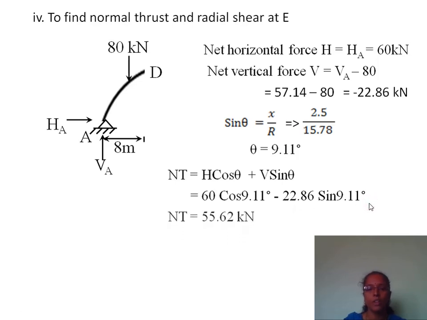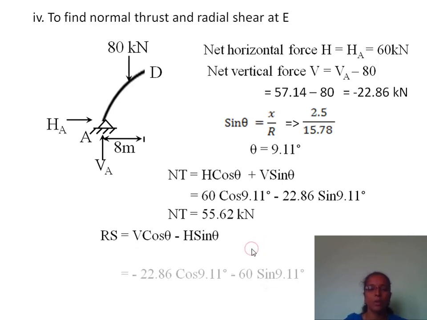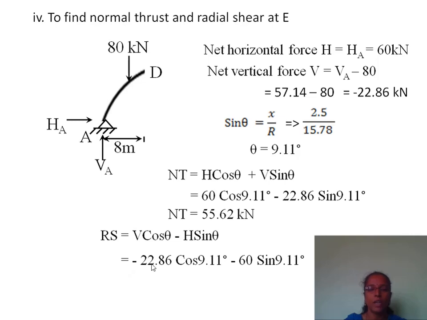On simplification, normal thrust is equal to 55.62 kilonewton. Similarly, radial shear is given by V cos theta minus H sin theta. Substituting the values of V and H, minus 22.86 cos 9.11 minus 60 sin 9.11. Therefore radial shear is equal to minus 32.07 kilonewton.